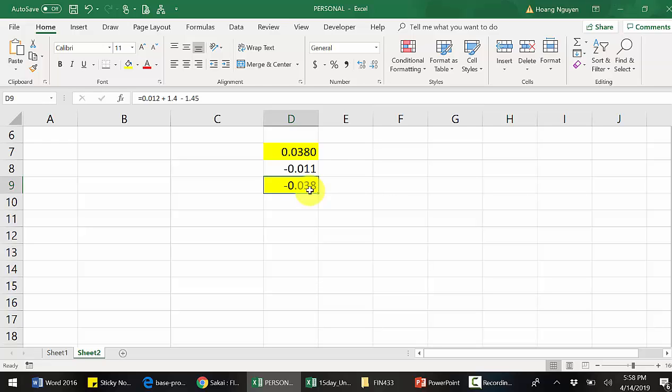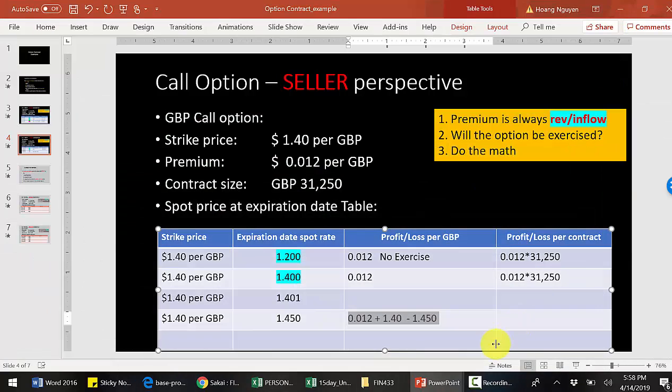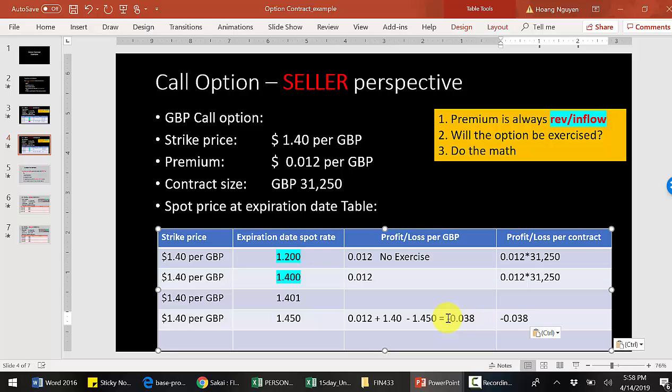If you make money, it is coming from my pocket. So in this case, it is nearly 0.038. And yes, you can easily get the total loss for the whole contract, which means the loss per unit times 31,250. Okay?